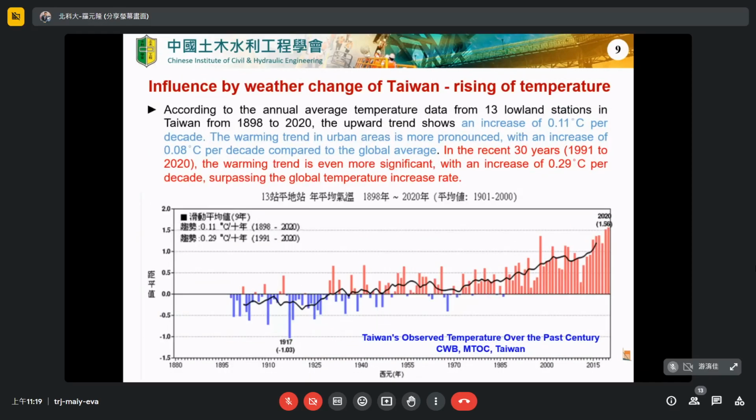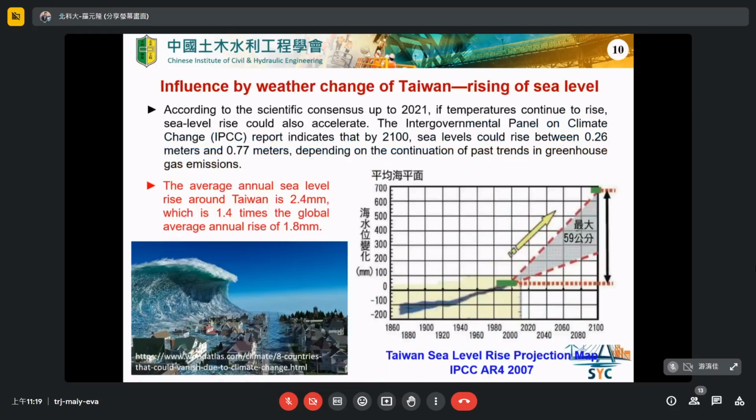Now take a look at Taiwan: the increase is 0.11 degrees Celsius per decade, and the warming trend in urban areas is more pronounced, with an increase of 0.08 degrees per decade compared to the global average. Finally, in the recent 30 years, the warming trend is even more significant, with an increase of 0.29 degrees per decade, surpassing the global temperature increase rate. So this is the average change situation in Taiwan.